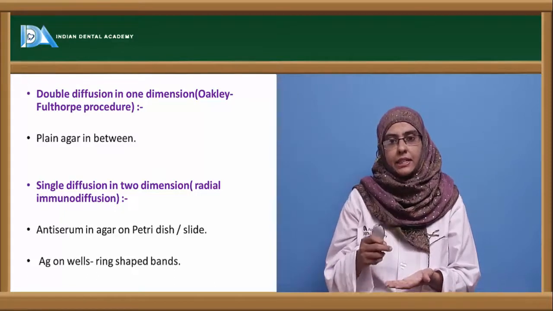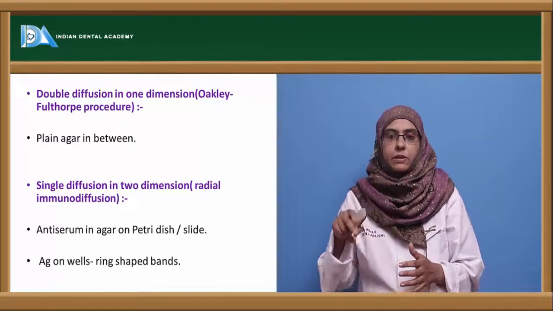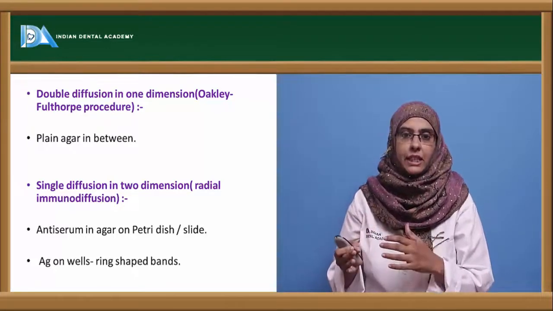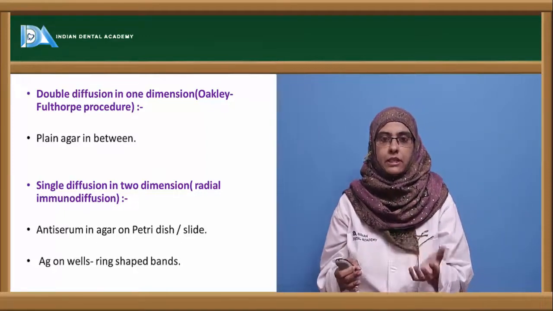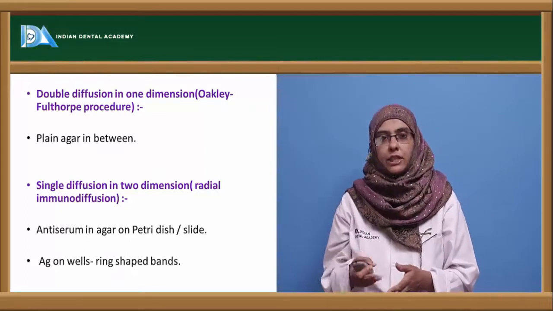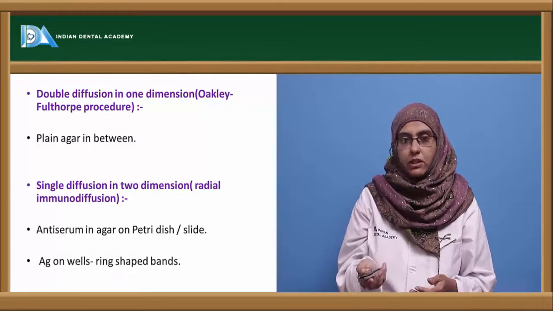Now this antigen diffuses in the agar and forms a ring or band of precipitate depending upon the interaction between the antigen and antibody. The larger the diameter that is formed, the higher the concentration of the antigen. So here the positive result is usually seen as a ring or a band of precipitate around the well.